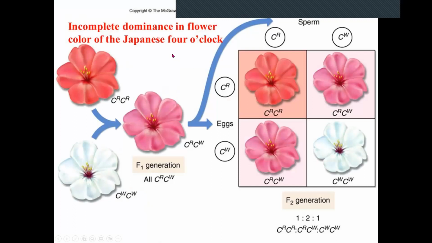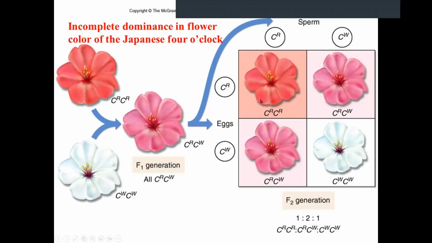There's a Japanese flower called Japanese 4 o'clock plant. And so you've got, for some reason, this diagram also got a sort of carrying matter, big C. But so you get the red, the white, and the pink.